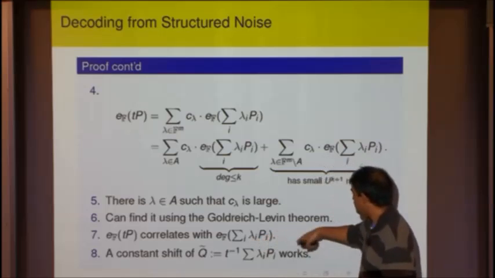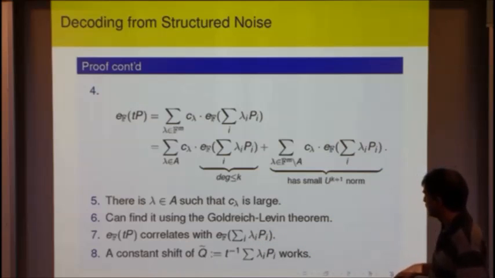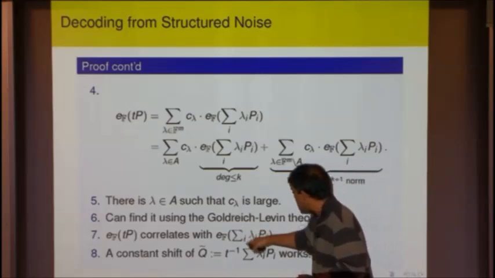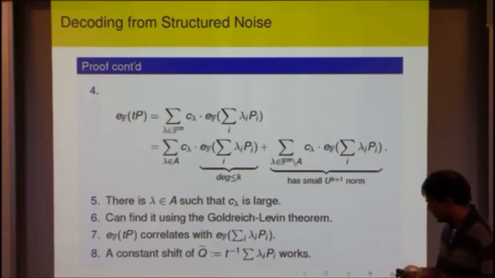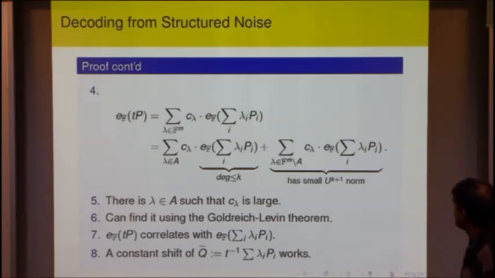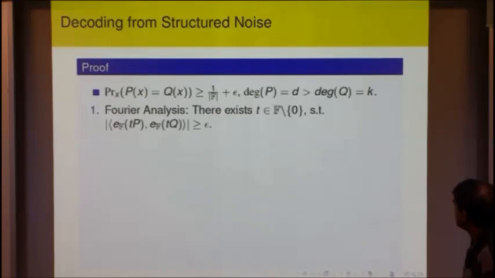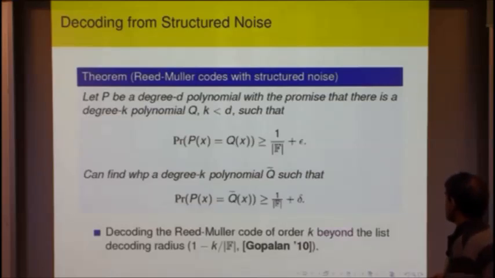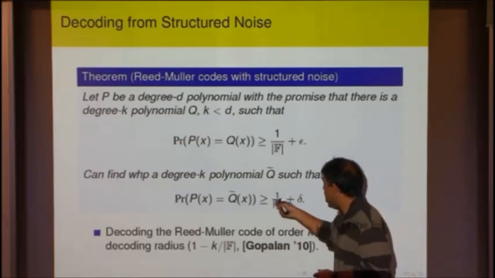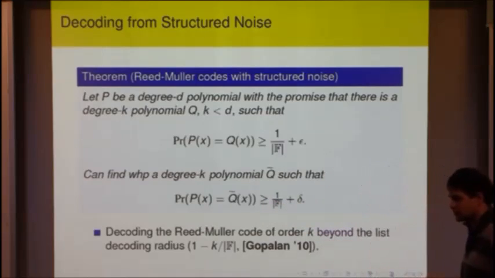Then you can show that a constant shift of 1 over t times this polynomial suffices. So the constant shift of this polynomial agrees with p on at least 1 over f plus delta fraction of points.